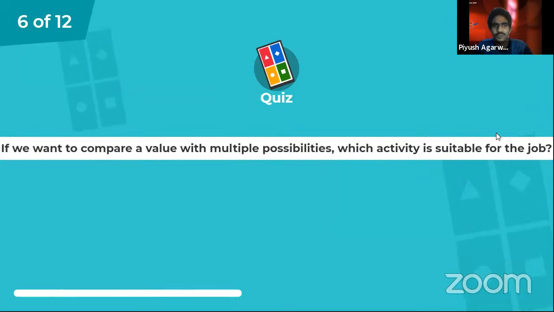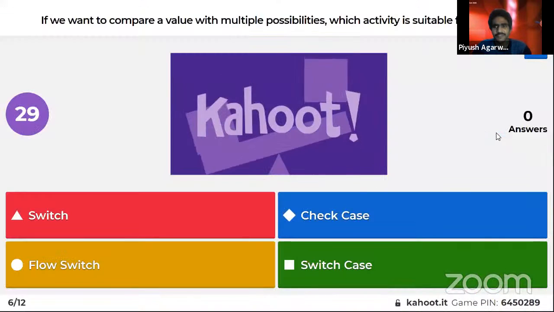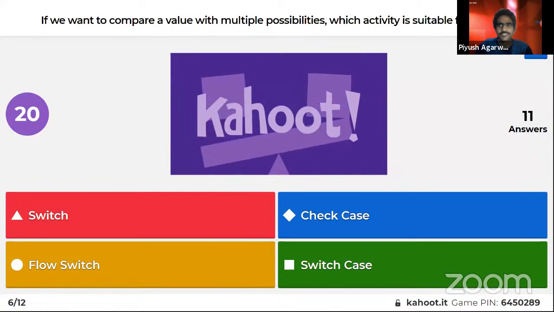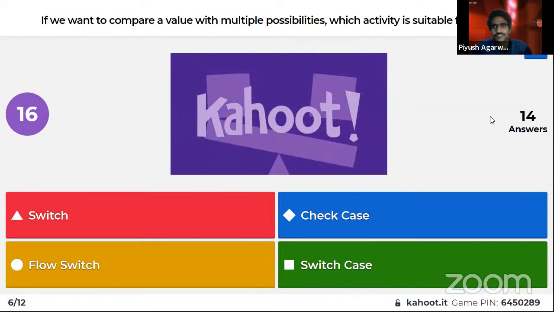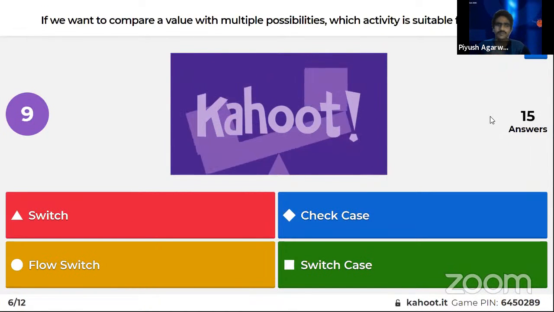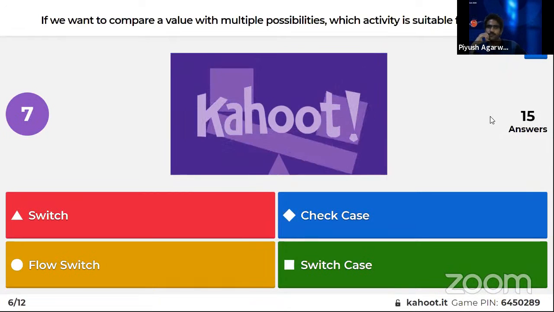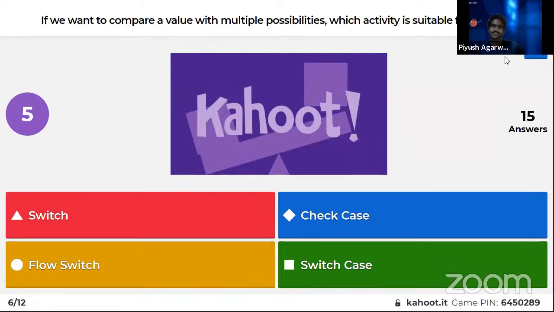If we want to compare a value with multiple possibilities, which activity is suitable for the job? Again, read the question properly. Switch.